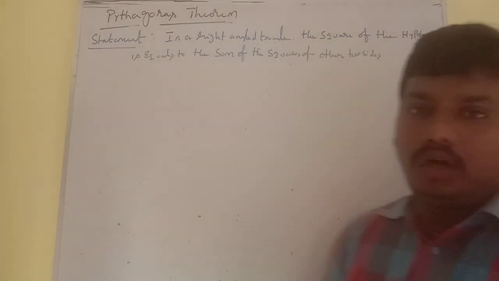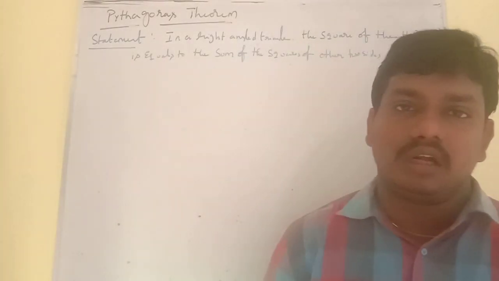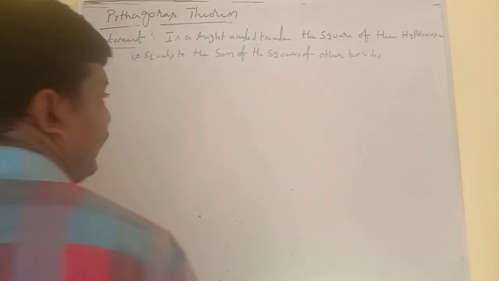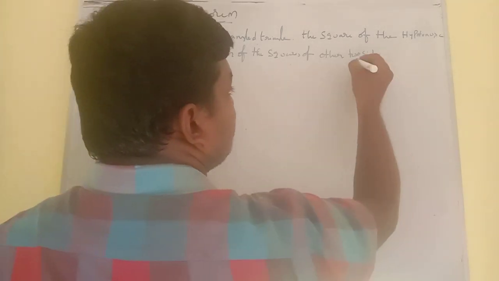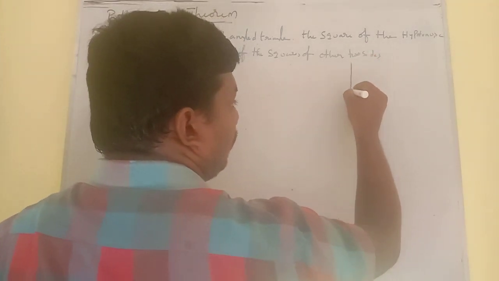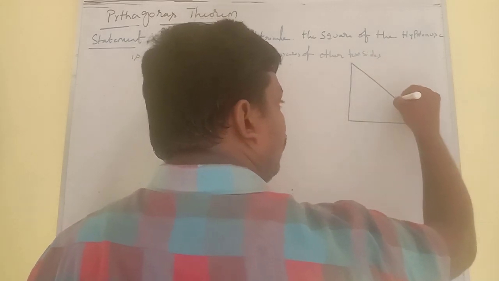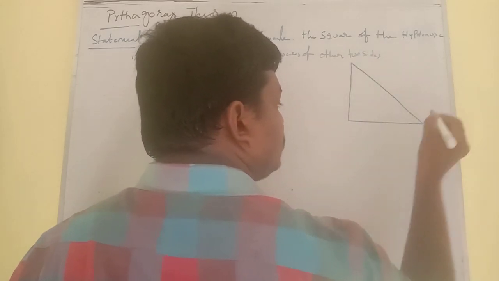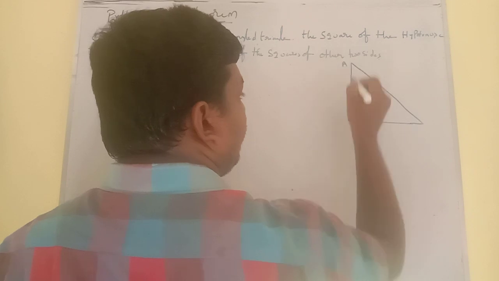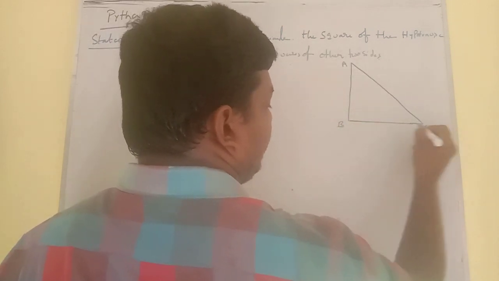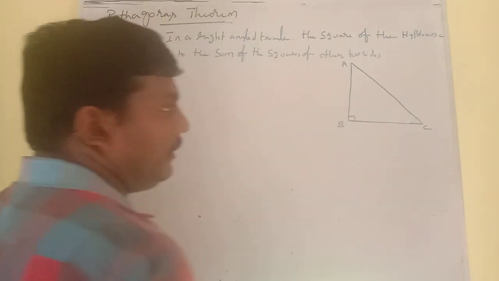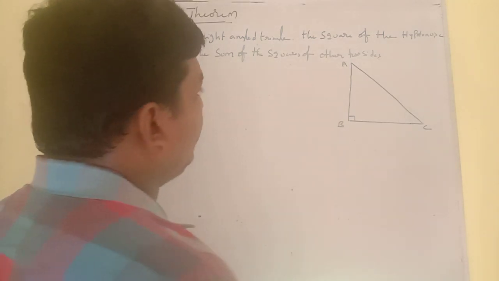Okay. So according to this statement, I am going to draw a right angle triangle ABC.